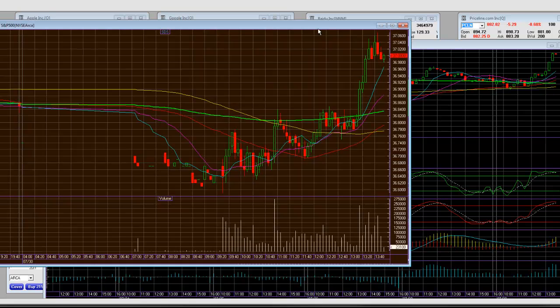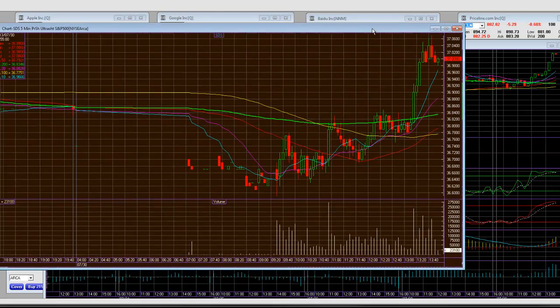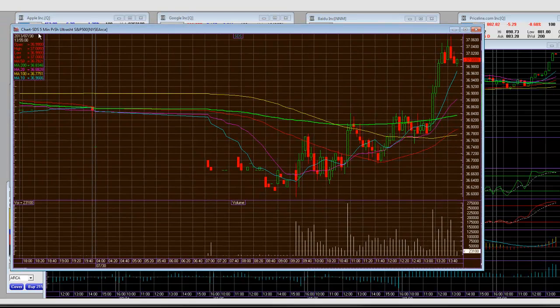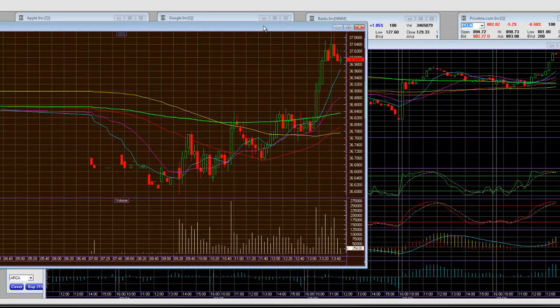And some of these other names, here is SDS, ProShares UltraShort. Now this one here has a nice little range down here at 36.6, but look at that breakout, look at that consolidation. Every time that we kept breaking higher here, when we were coming down, that's when you were getting these pullbacks to support level, when we were coming down in the fear indicator.